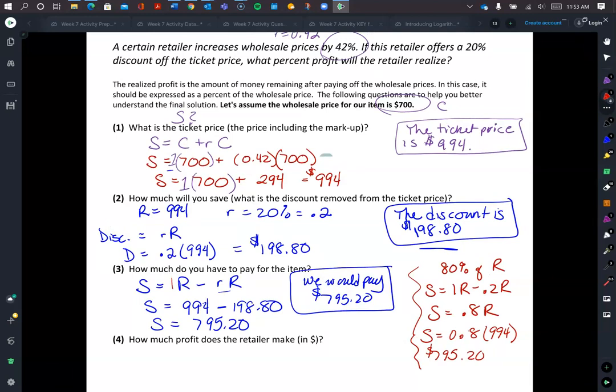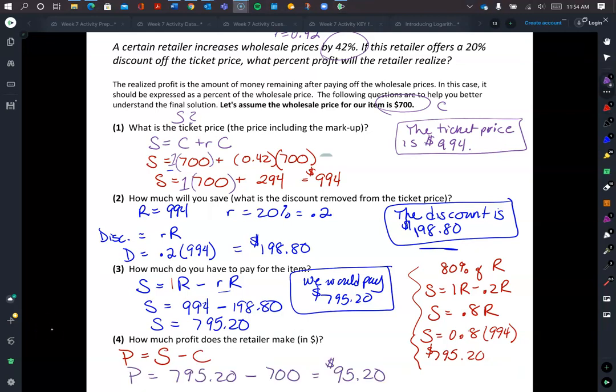So from what they paid to what they charge the customer, the profit would be the customer's sale price, the sale price that they're paying at the register, minus their wholesale price.